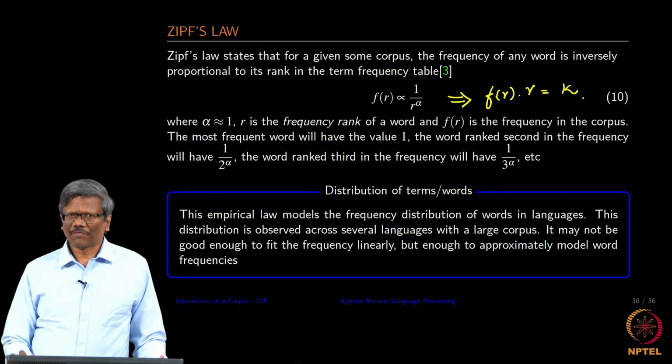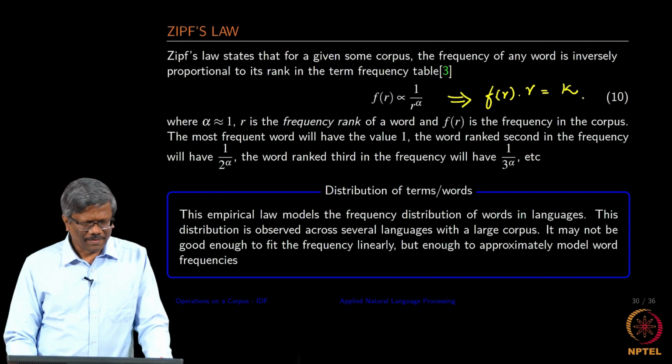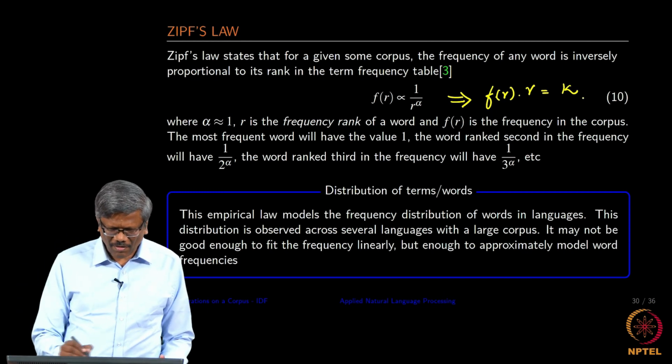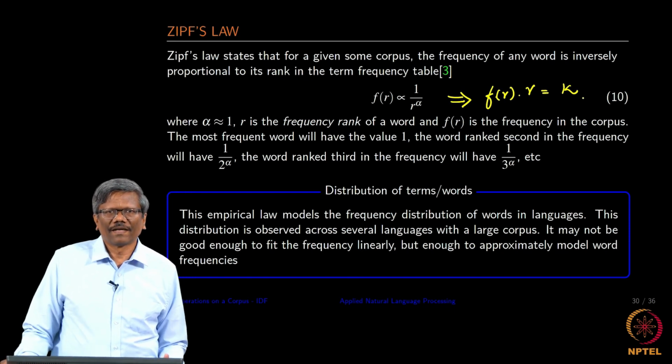So, this should be the same for all the terms in the given document. Here, we consider alpha to be equal to 1, and r is the frequency rank of the word, and f_r is the frequency of the term in the corpus.